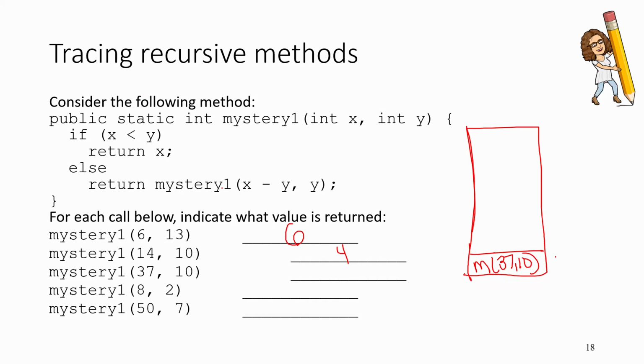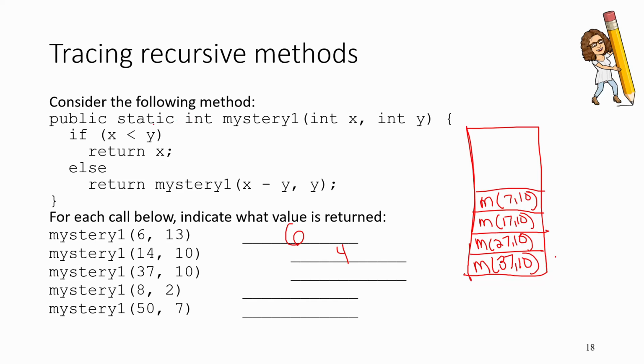So I got to call mystery again. 37 minus 10 is 27. So I'm going to go mystery 27, 10. Okay, 27 is not less than 10, so I got to go again. So now this time I'm going to subtract 10 again. So 17, 10, right? Notice how I'm subtracting 10 every time. That's not going to help, so I need to subtract again. So I'll get 7, 10.